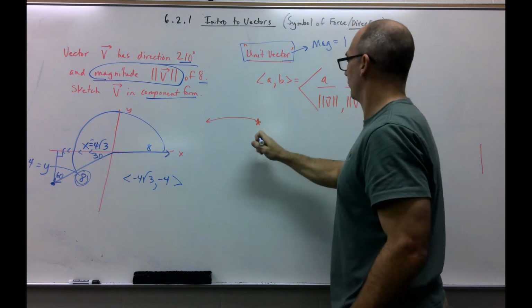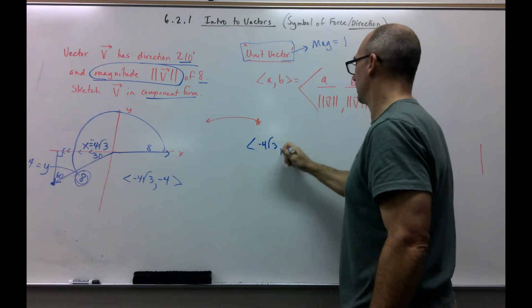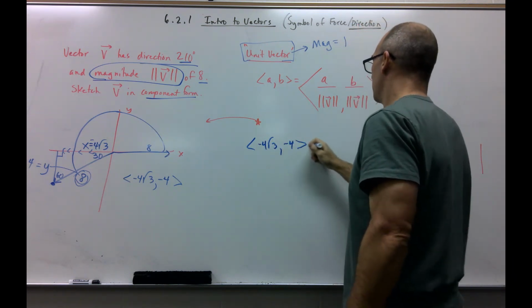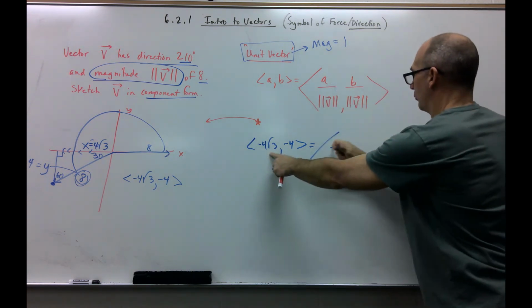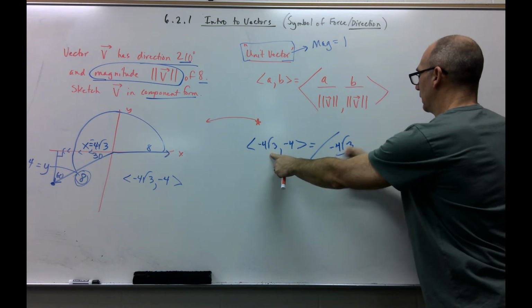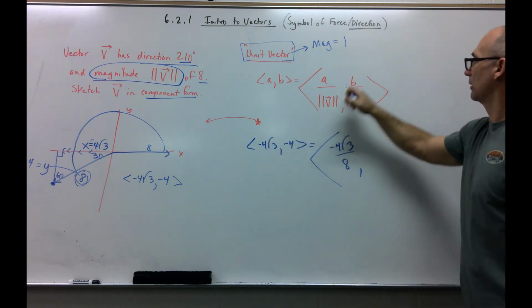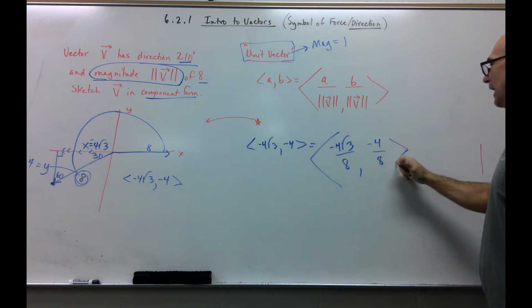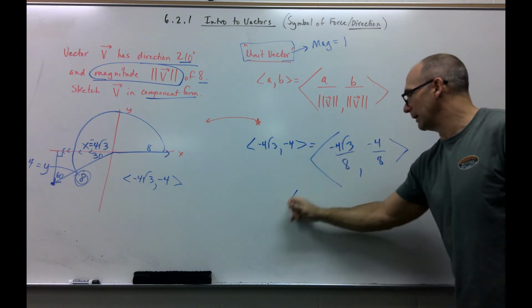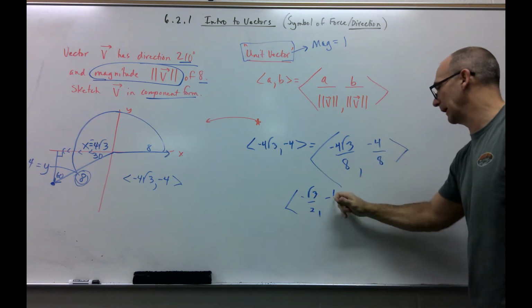So this just says take the original, negative 4 square root of 3, negative 4, and you're going to put A, which is negative 4 square root of 3, over its magnitude, which is 8. Then you're going to take B, which is negative 4, put it over the magnitude, which is 8. This reduces to negative square root of 3 over 2. This reduces to negative 1/2.